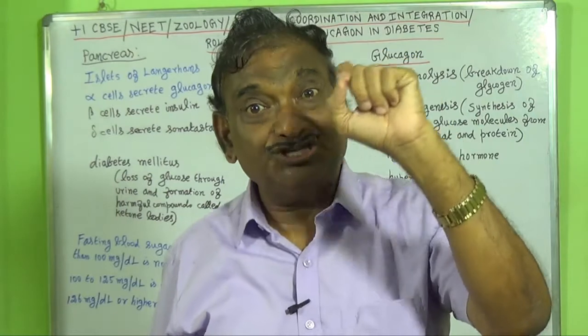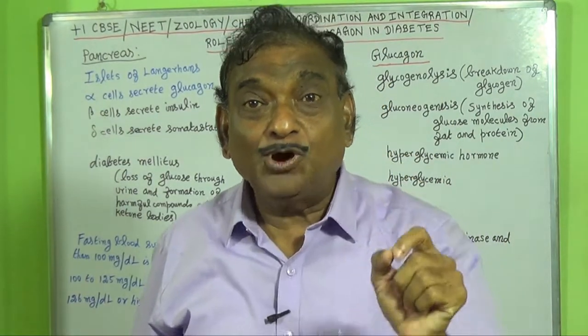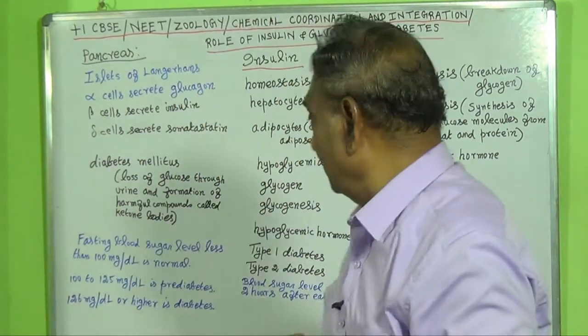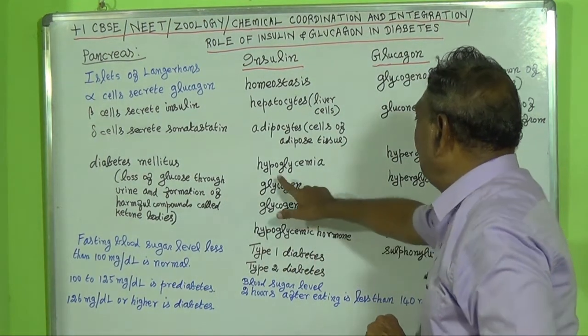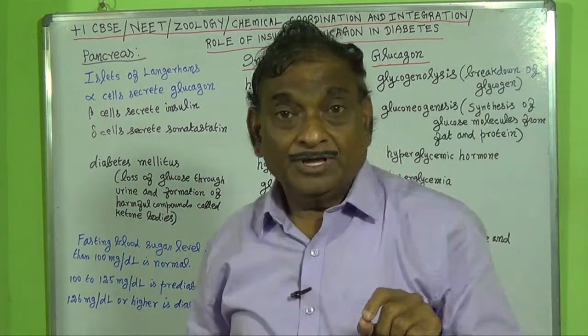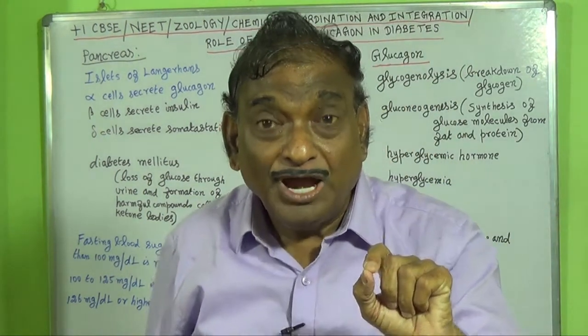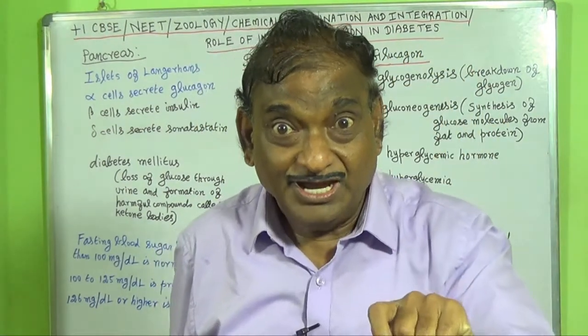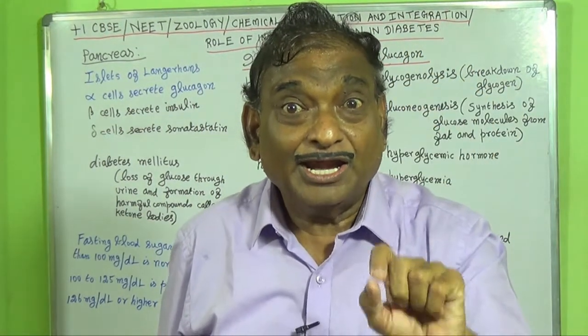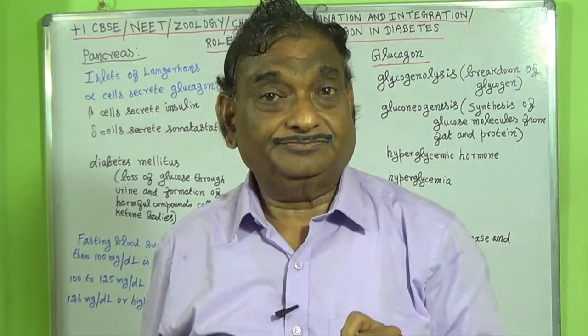This process is called hypoglycemia. The process of converting glucose into glycogen is called glycogenesis.